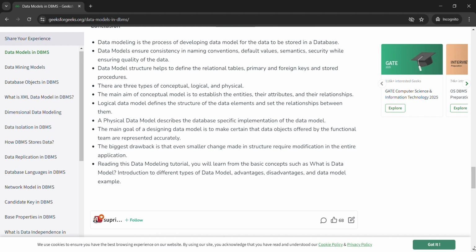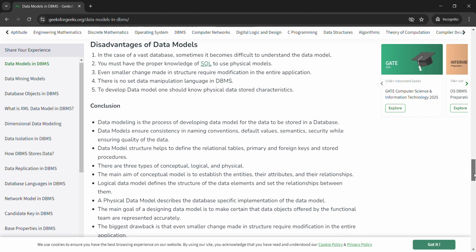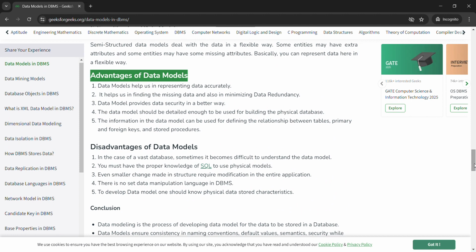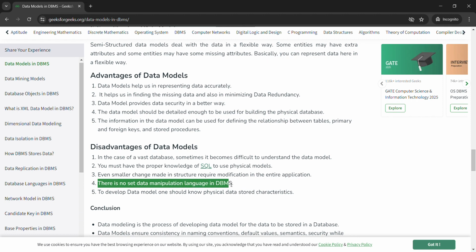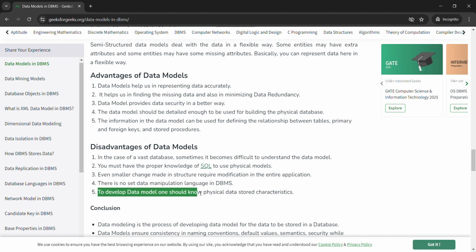Even some smaller change in structure requires modification in the entire application. There is no set data manipulation language in DBMS. Next, to develop a data model, one should know the physical data storage characteristics.